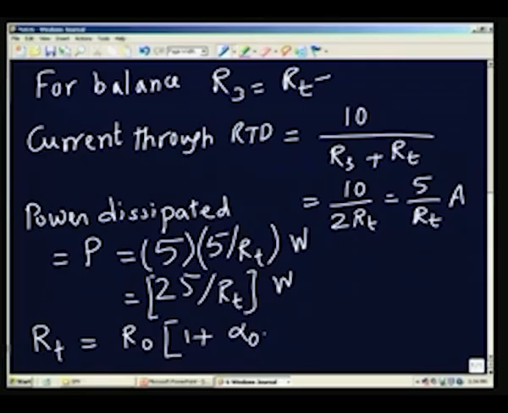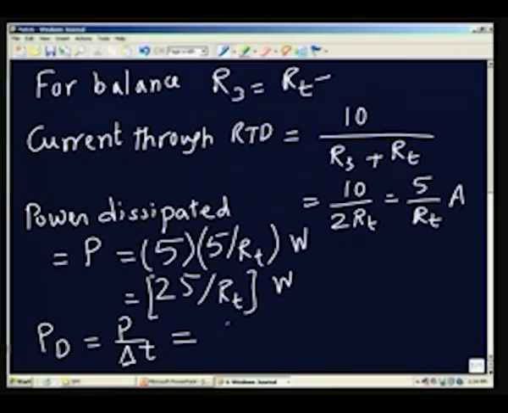Okay. Before we do that, let me just go back a little bit. So, the power dissipated is known. If you remember, Pd equals power dissipated divided by delta T, the change in the temperature.